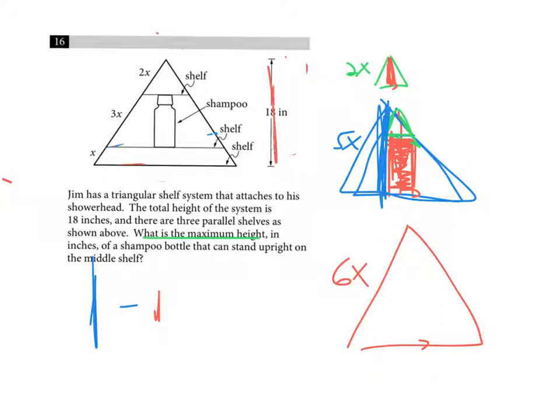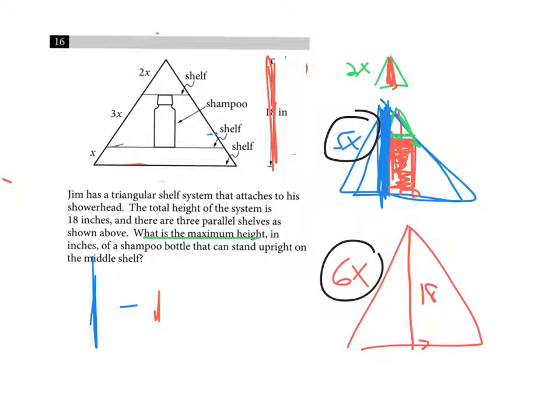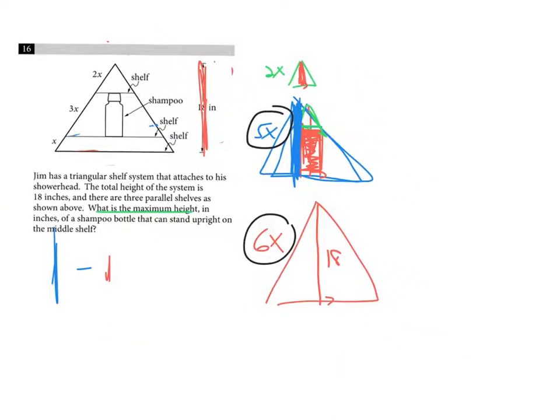So they're telling you the height of the whole system is 18 inches. If I wanted to figure out the height of the blue triangle, I know the ratio of the blue to red triangle is 5 to 6, because the ratio of the blue to red left-hand side is 5 to 6, or 5/6.